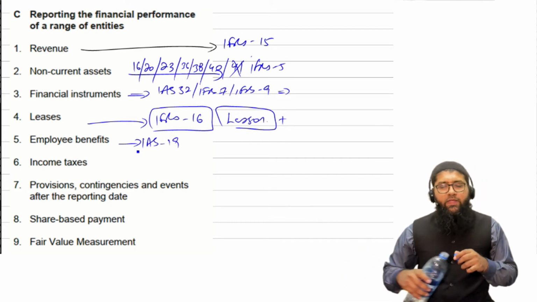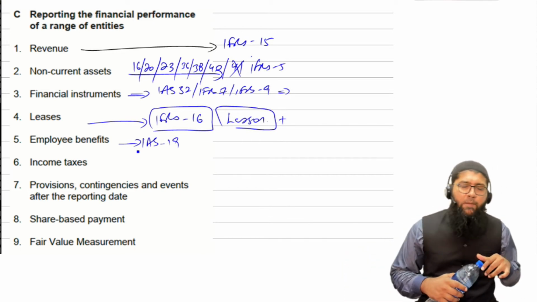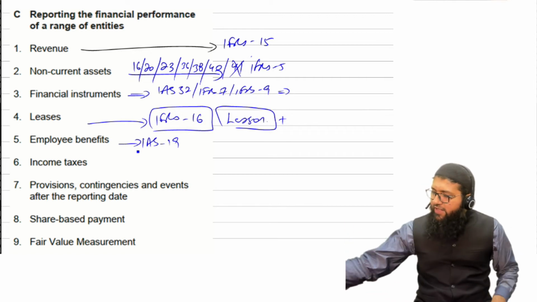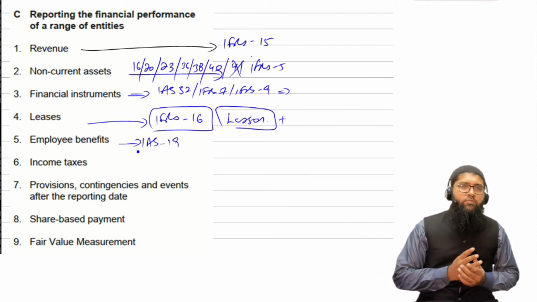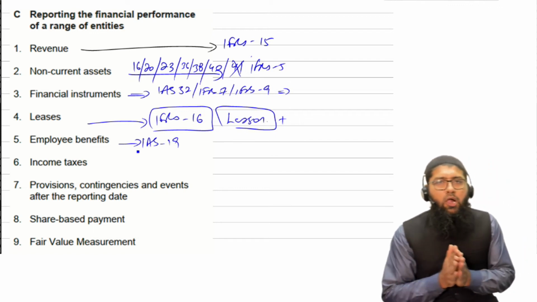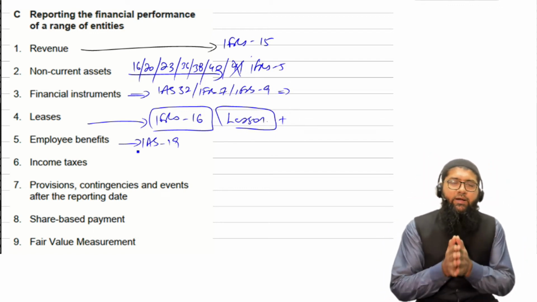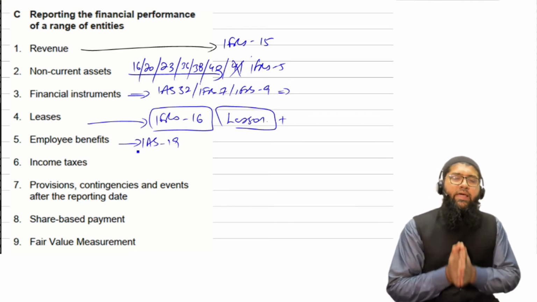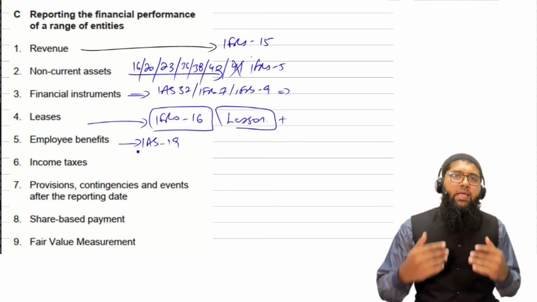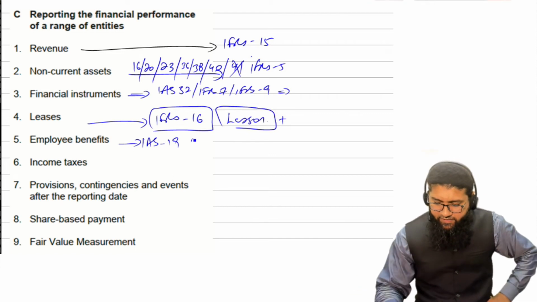That could include the salaries, the pensions, the provident funds, the gratuity, the termination, the leave encashments, etc. How do we account for all those benefits? That's done under IAS 19, employee benefits. So we're going to be discussing that also.